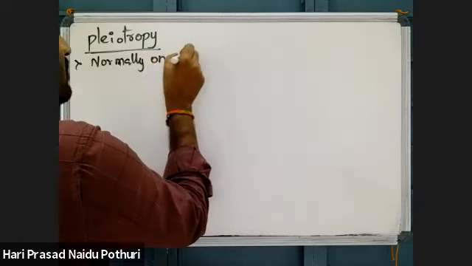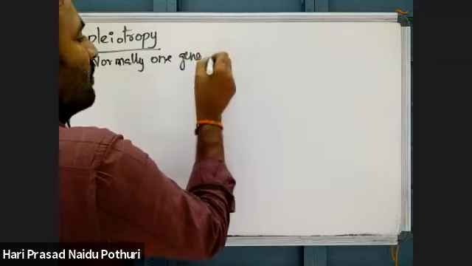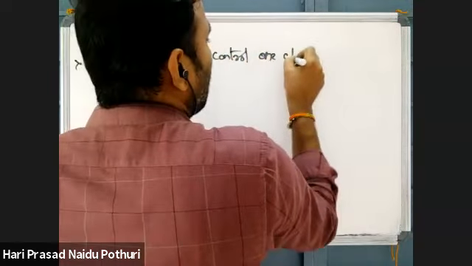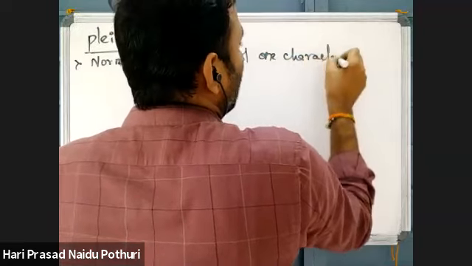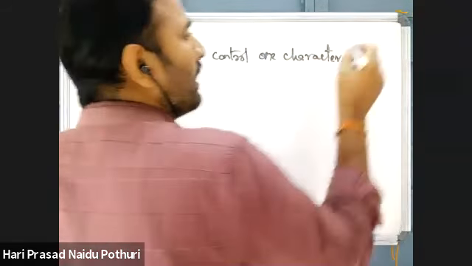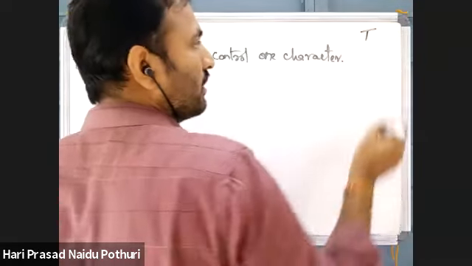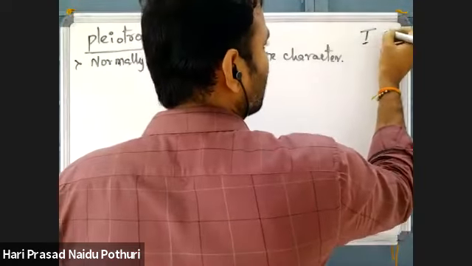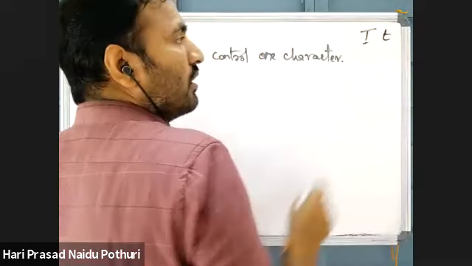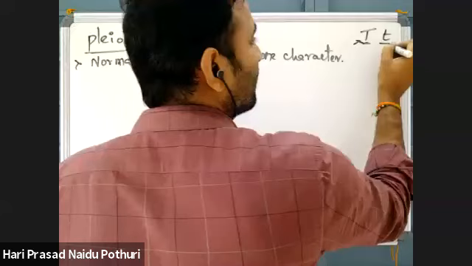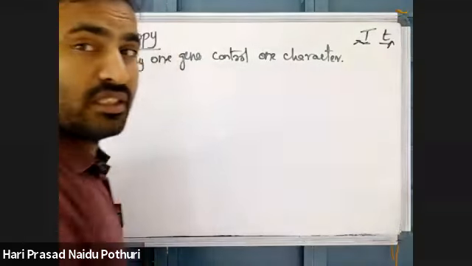Regularly or generally, one gene controls one character. That means a gene which is responsible for tallness is controlling the tall character. It may have two alleles, a dominant allele or a recessive allele. You may think this is a tall character, this is a dwarf character.